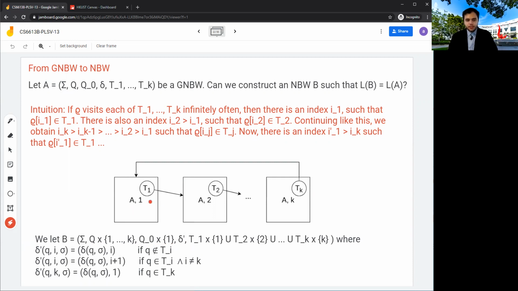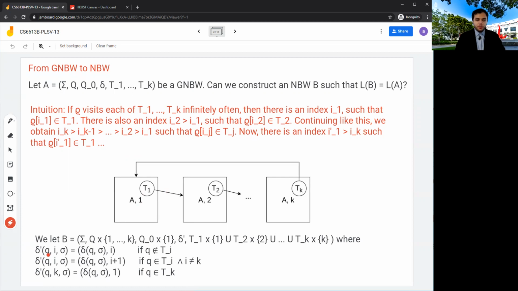My target states are basically T1 in the first copy, T2 in the second copy, up until Tk in the K-th copy. And this definition of transitions, which I'm showing with delta prime, is basically just what I told you: we run A1 until we get to target 1, and then we switch to the next copy.